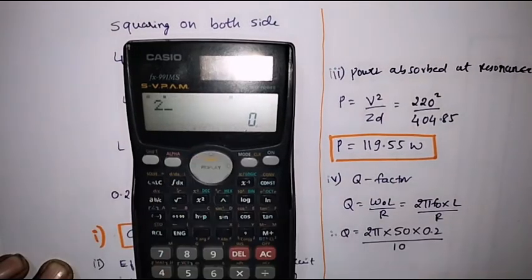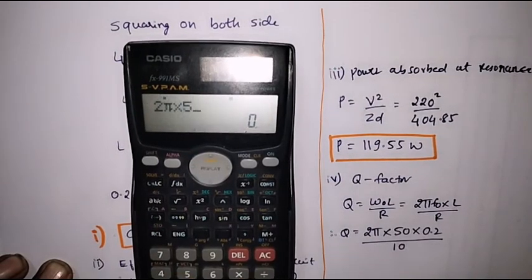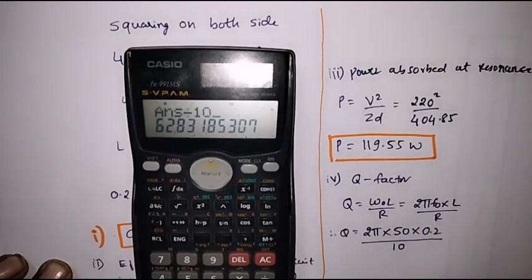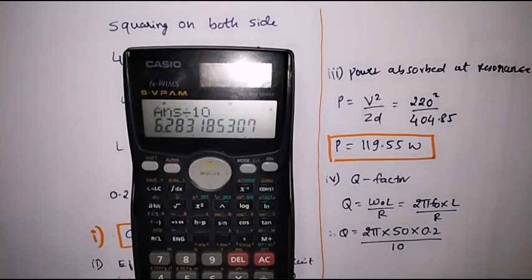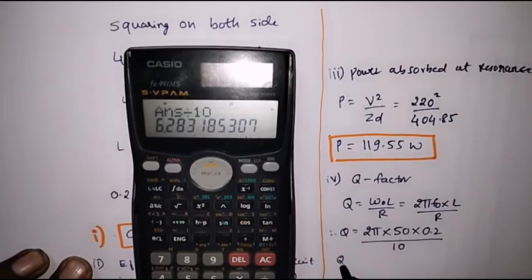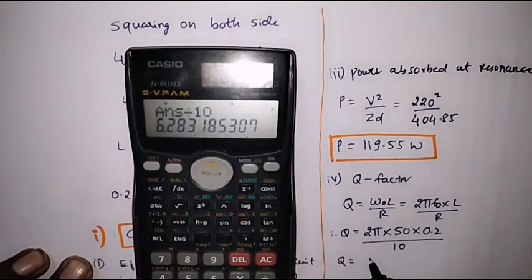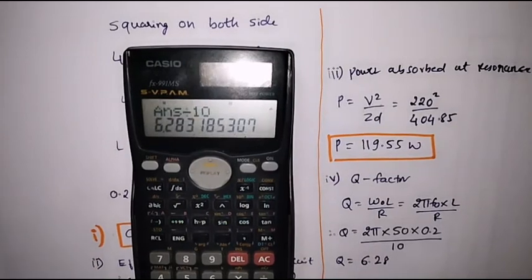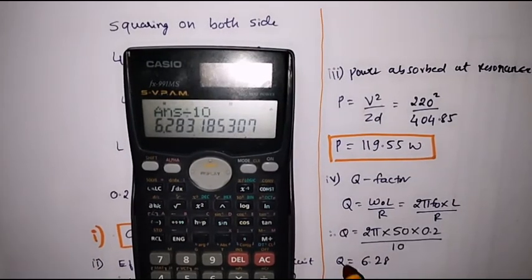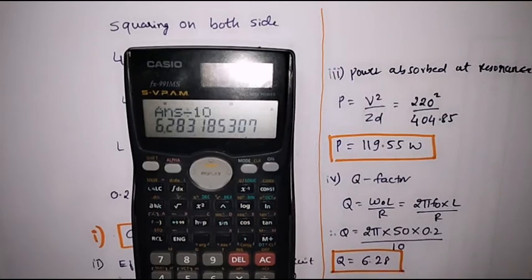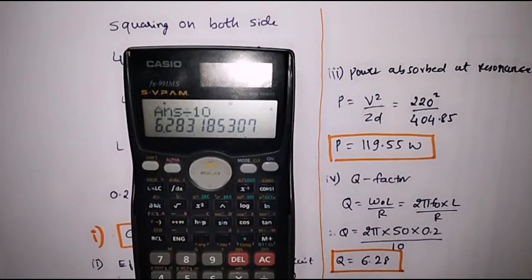That is 2 pi into 50 into 0.2 divided by 10. It gives Q is equal to 6.28. This is the required value. Thus we calculated all required values. Thank you.